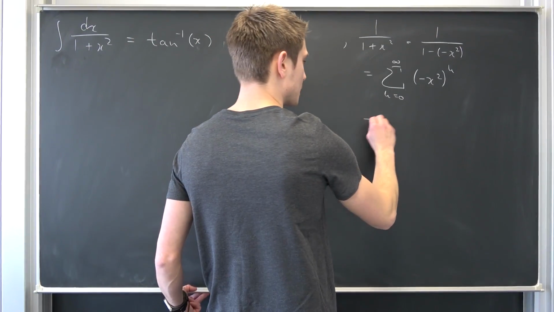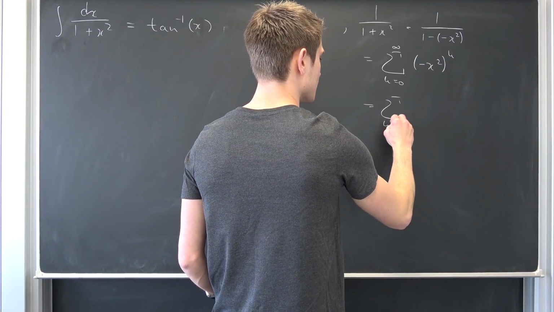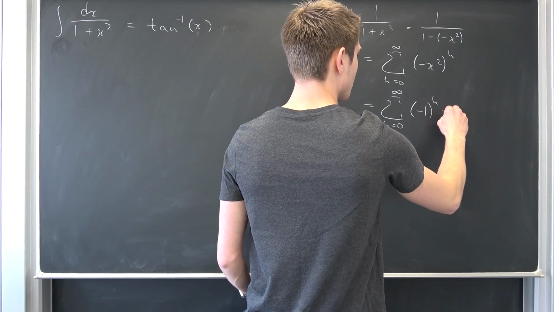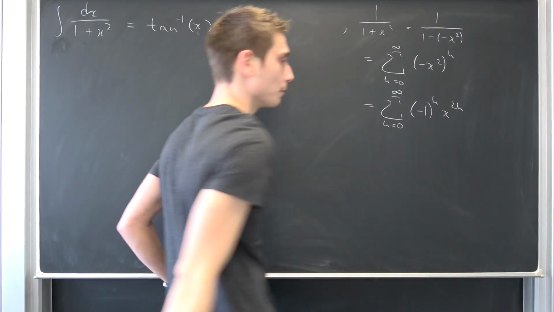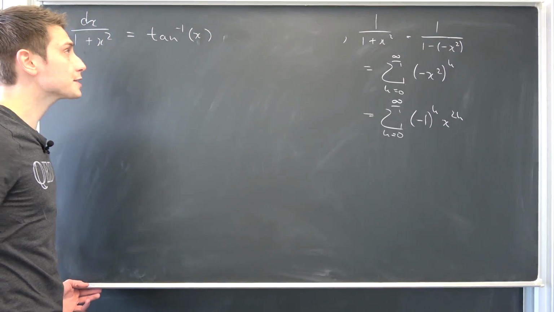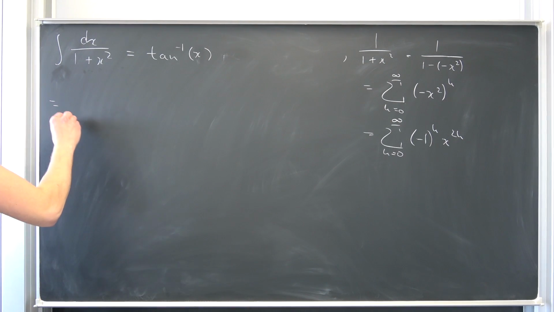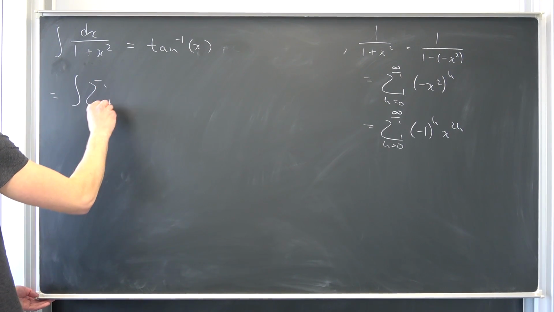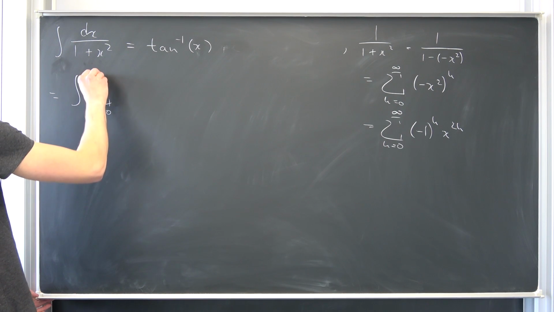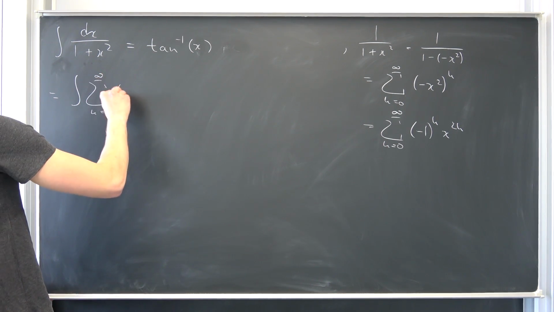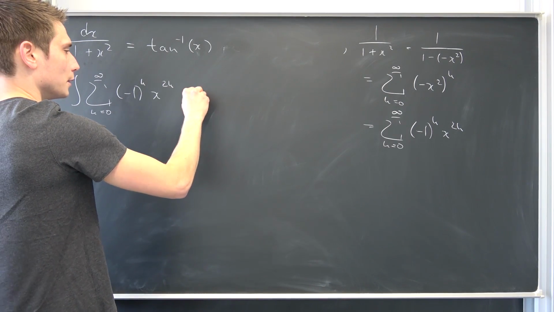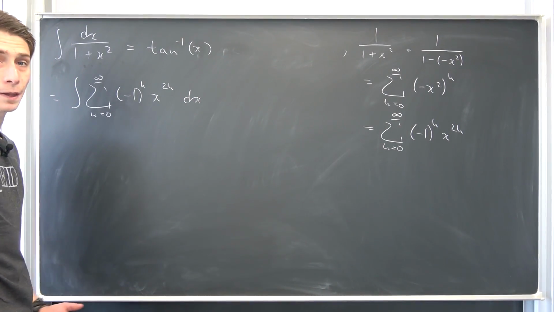We can write this out to get the sum of negative 1 to the kth power, x to the 2kth power. We can plug this into the integral: the sum from k equals 0 to infinity of negative 1 to the kth power x to the 2kth power, integrated with respect to x.